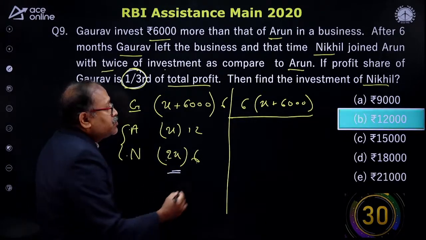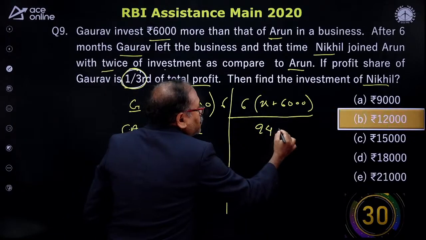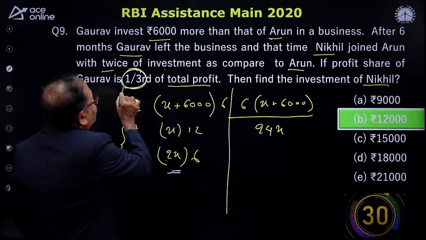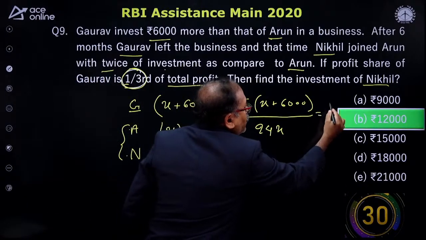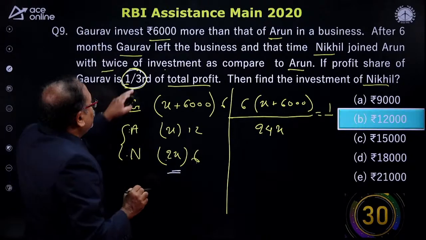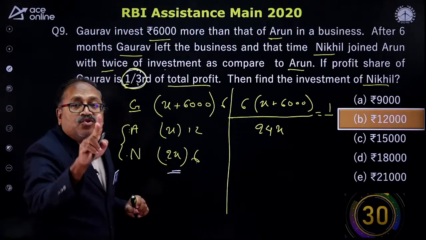So 12X plus 12X, that is 24X. So I am taking the numerator as Gaurav. So Gaurav's share of profit is 1, whereas the A and N profit will be 3 minus 1, 2 parts.